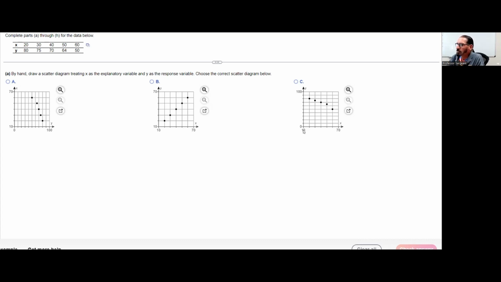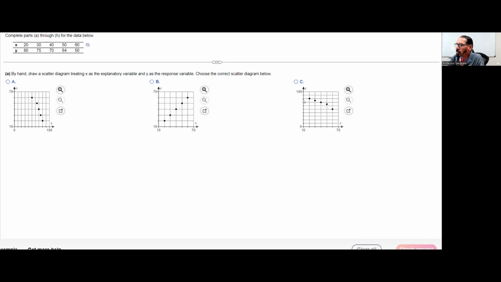For some reason, the x-axis in choice C starts at 10. 1, 2, 3, 4, 5, 6, and then the first spot. So 7 spaces divide up from 10 to 70, going by tens. 20, 30, 40, 50, 60, 70. That looks to work.